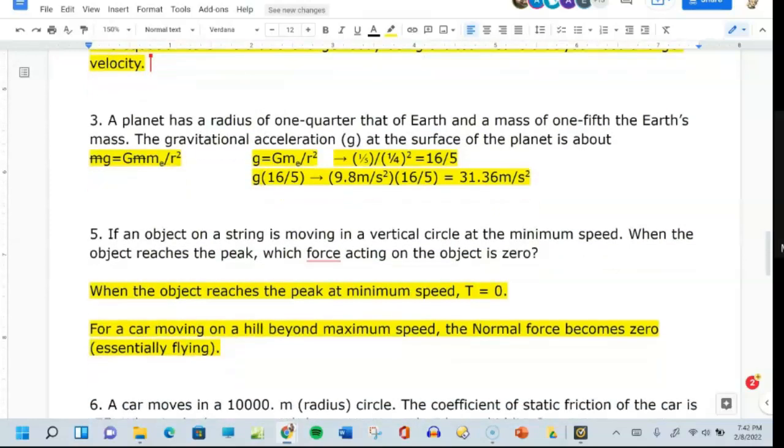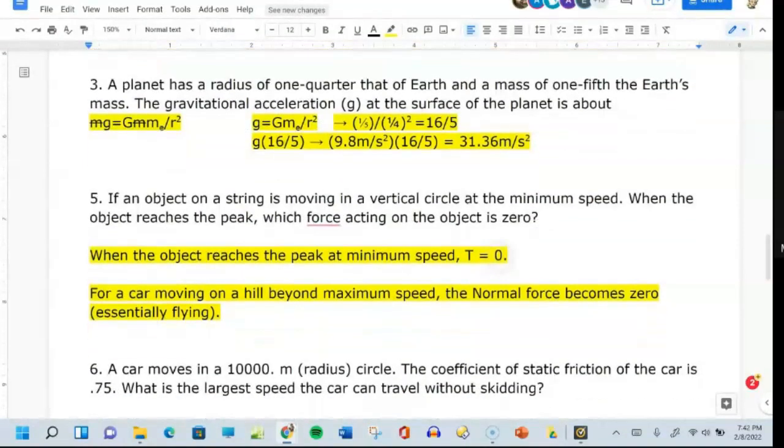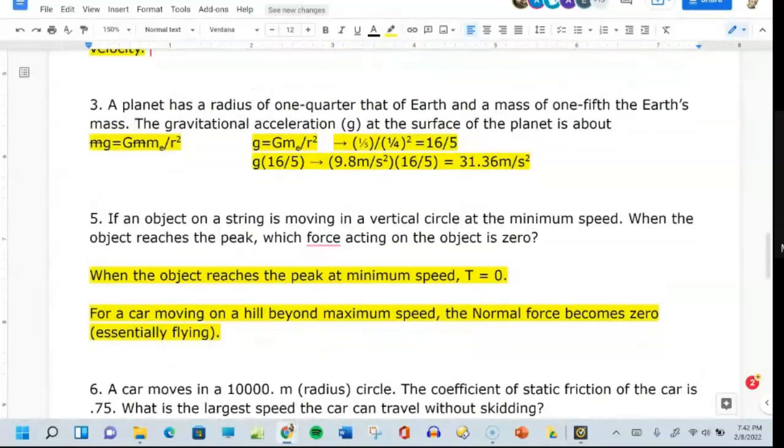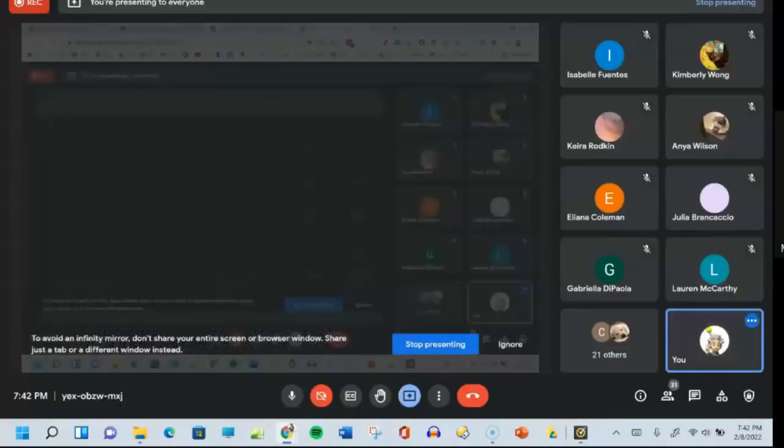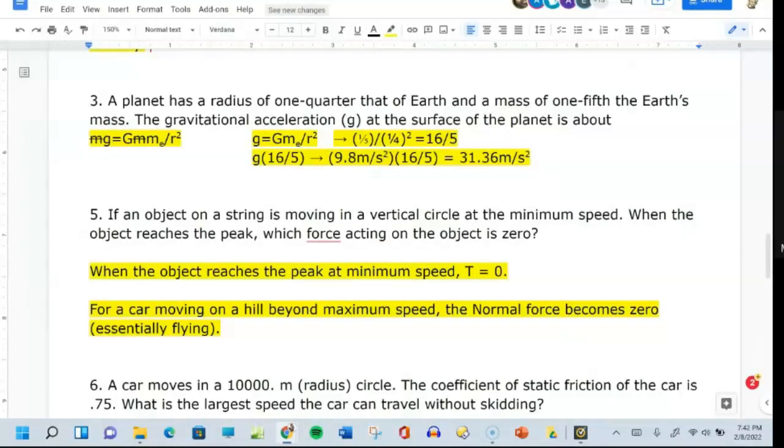And 16 over 5 times 10 is, or if you like, what this person did, you certainly can multiply by 9.8. All right, all good on that one? Okay, feel free to jump in.